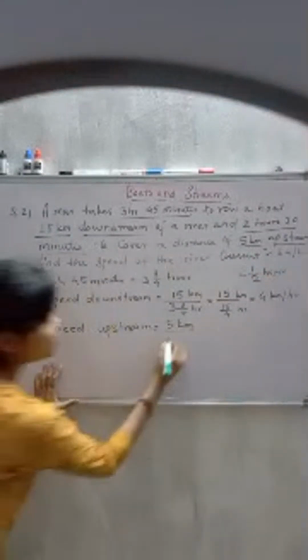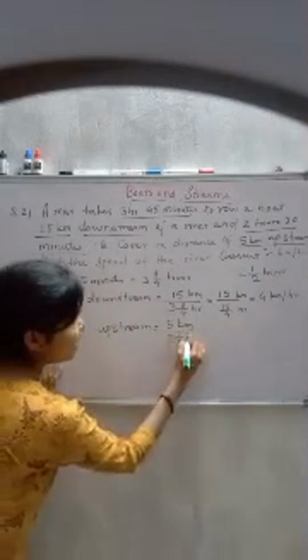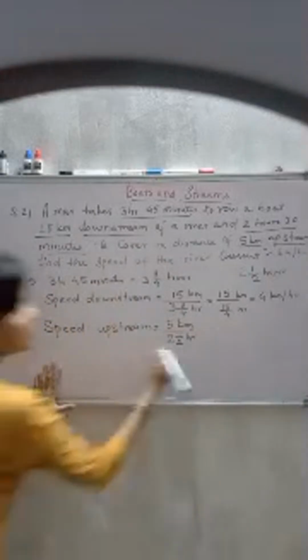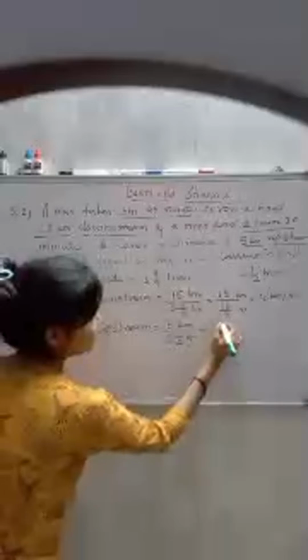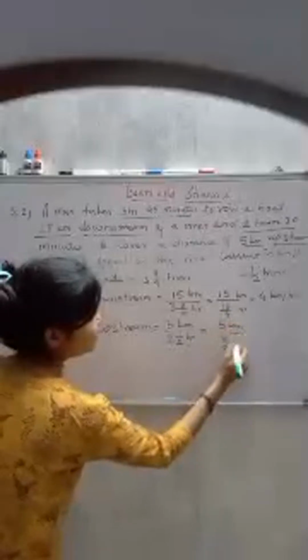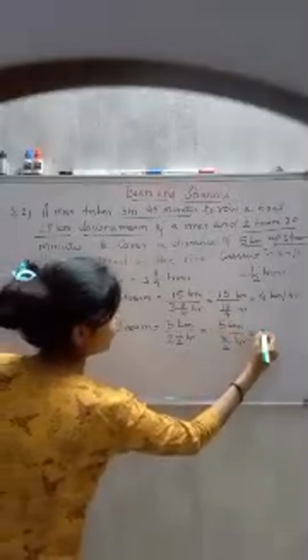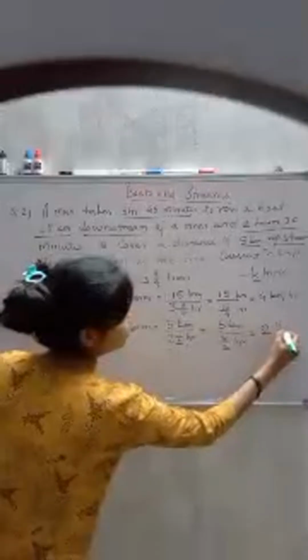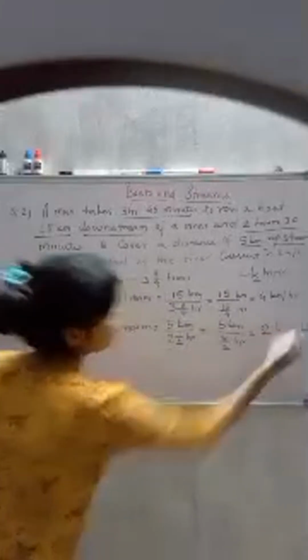Okay, 2 and half hour, this is same as 5 kilometer divided by 5 by 2 of an hour. So speed upstream will be 2 kilometer per hour.